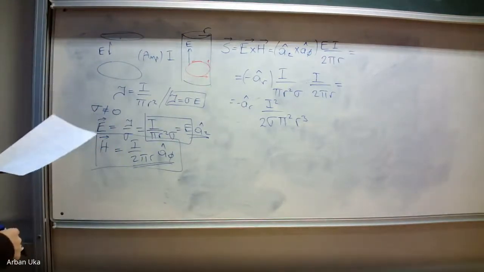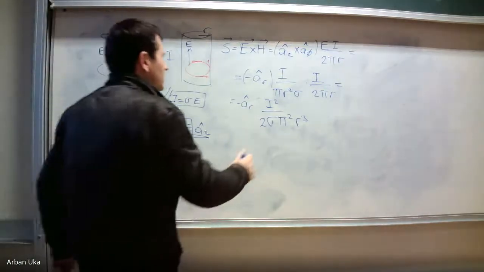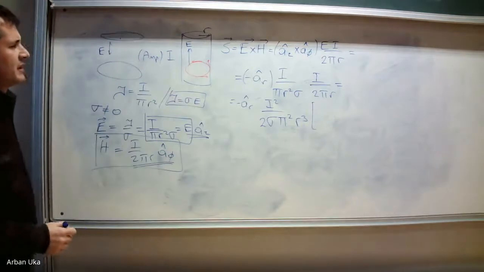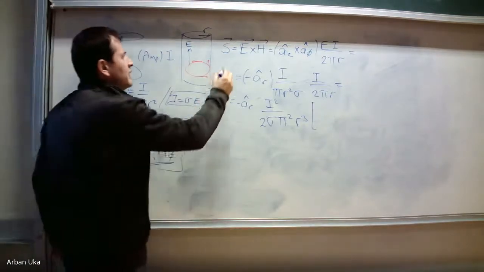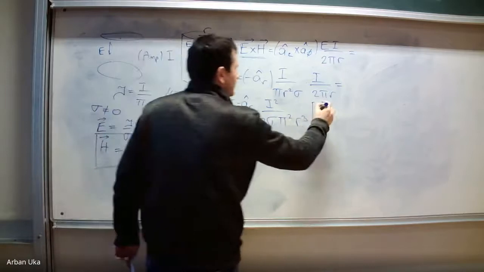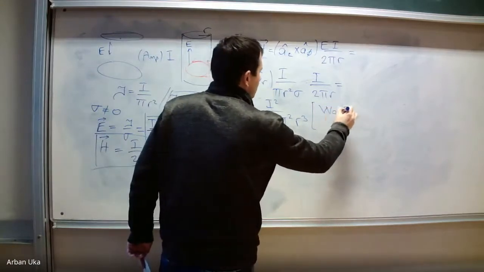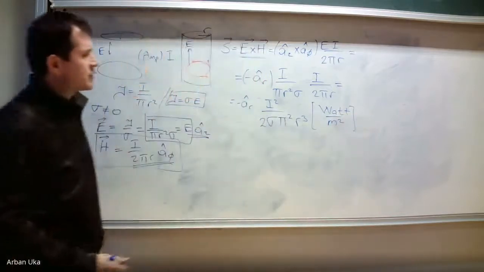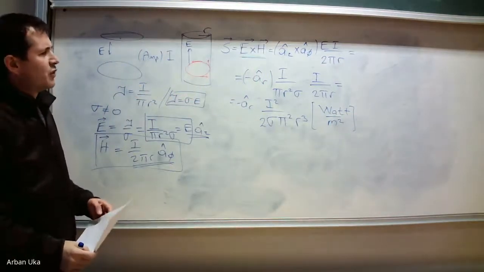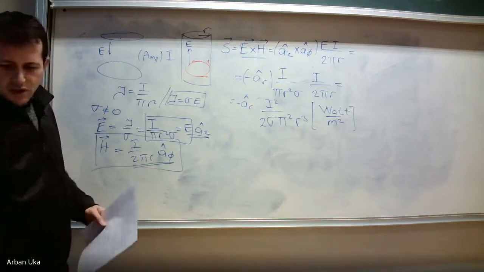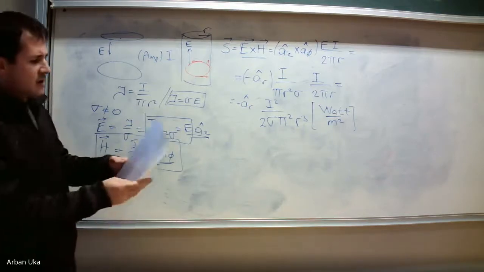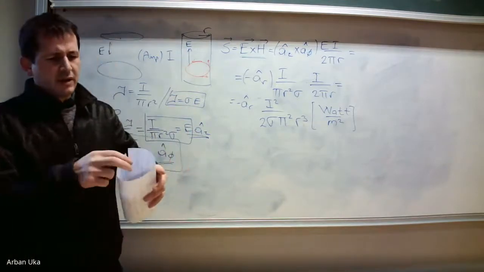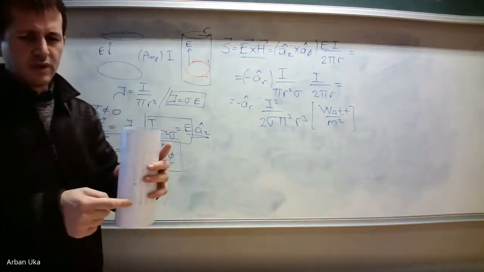And then here, let's not forget what the unit of this quantity was. What was the unit of E cross H? Okay, so here we are. This is watt per meter square. And the direction is, let's try to visualize this one. We have a wire, and this is the wire. And the electric field, we assume that it was going up.